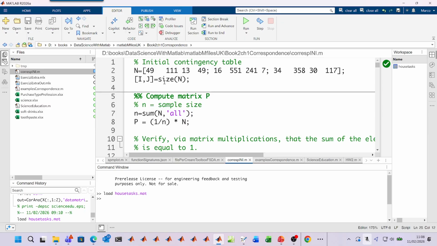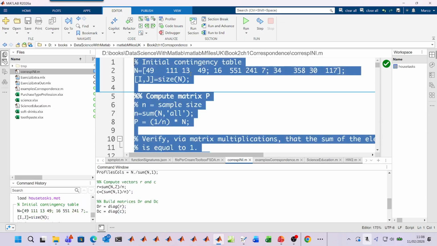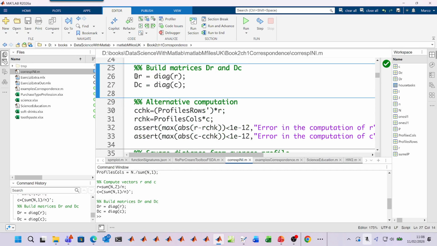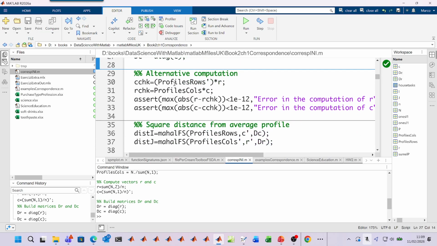Okay, let me run this part here. So there are the vector R of row masses, the column masses, then matrix DR, which contains the elements on the main diagonal, and then DC, the same thing, then an alternative matrix computation for C and R. When I put CHH, it means another alternative computation.